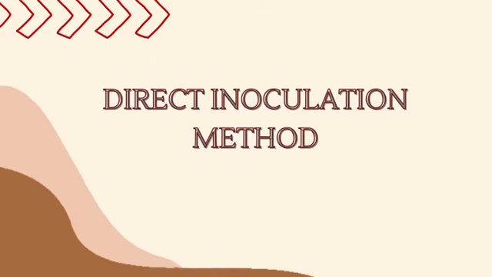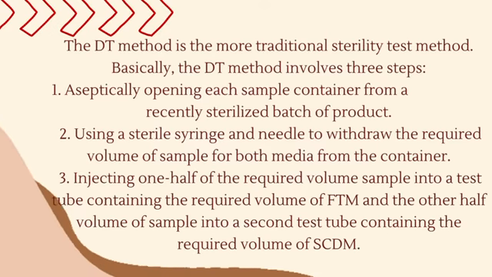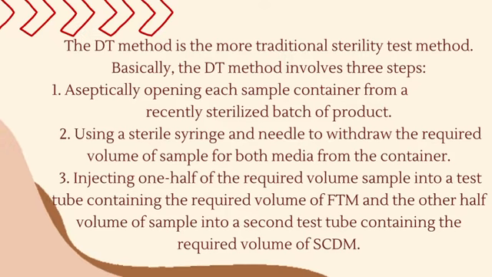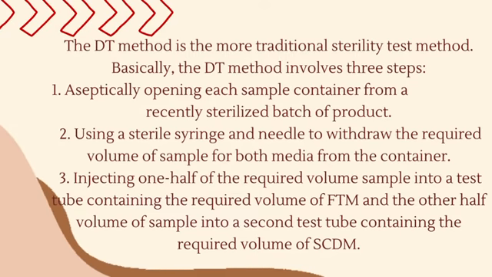Direct inoculation method. The direct inoculation method is the more traditional sterility test method. Basically, it involves 3 steps. 1. Aseptically opening each sample container from a recently sterilized batch of product. 2.